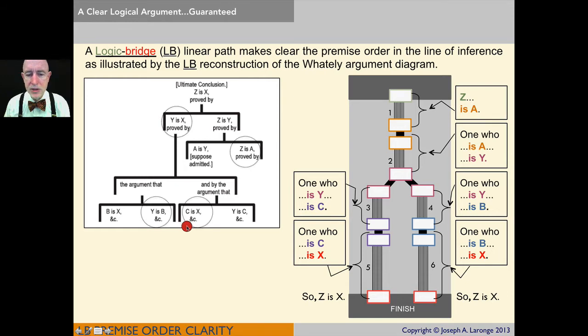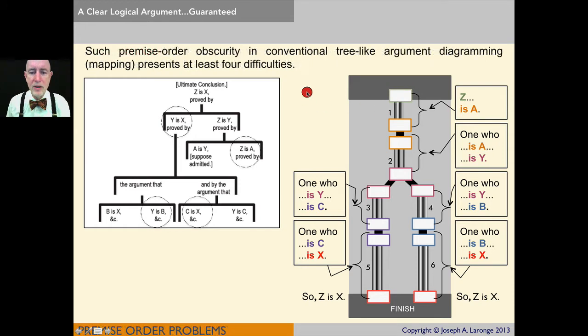And you can see the Y is B is right here. The C is X is here. So you can tell the C is X is actually in a different line from the Y is B. So this always makes clear the order that the premises follow one another.